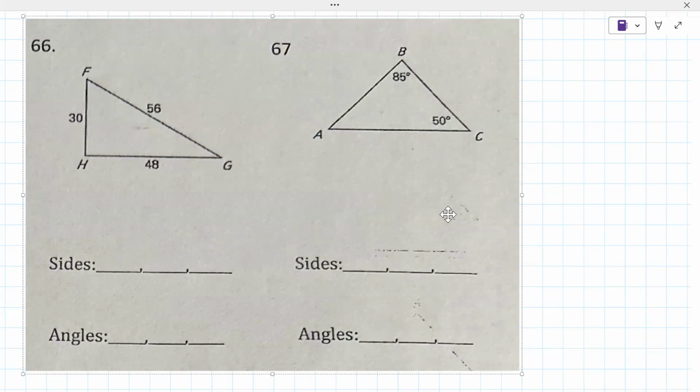FG is the biggest. Yeah. And then FH is the smallest, and then HG is the second biggest. And then GFH. 40.